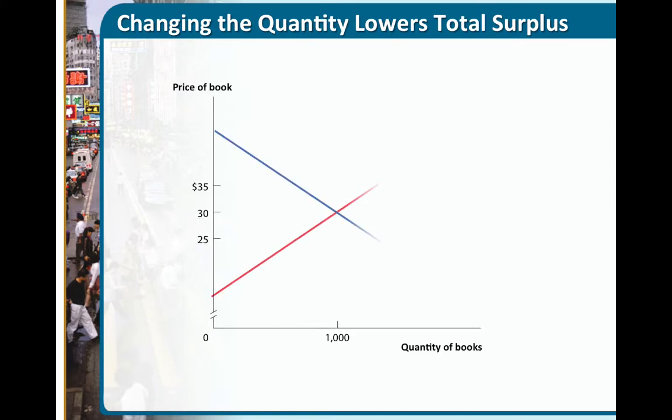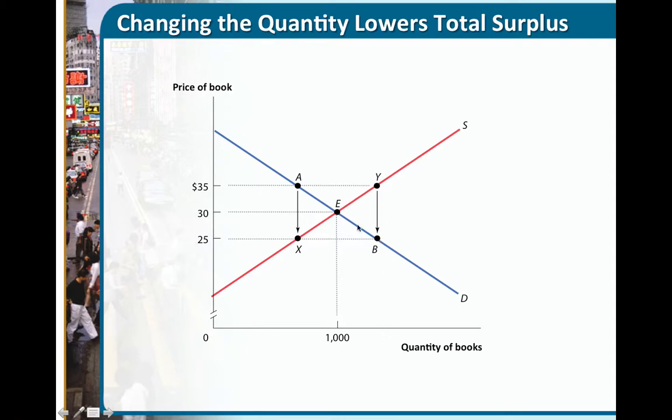And changing the quantity also lowers total surplus. If you could see at this quantity here, Anna, I believe, and Xavier, Anna would get more value out of the book than Xavier would selling it. There's this loss of surplus here if you change the quantity to whatever quantity this is. If you put the quantity over here, I forget who Y was, but Y would have more of a surplus than B would selling it or buying it.